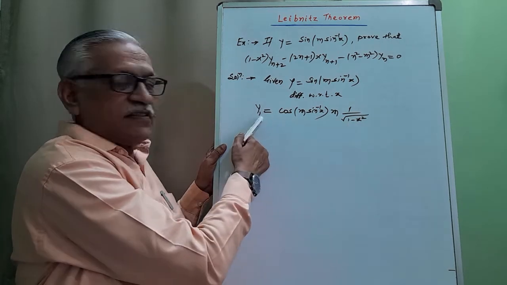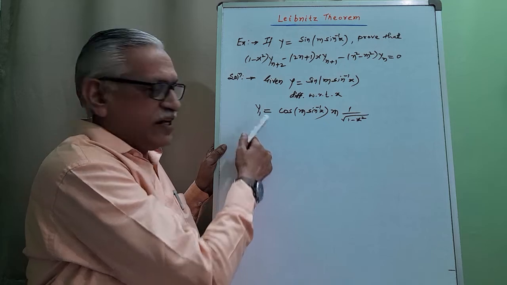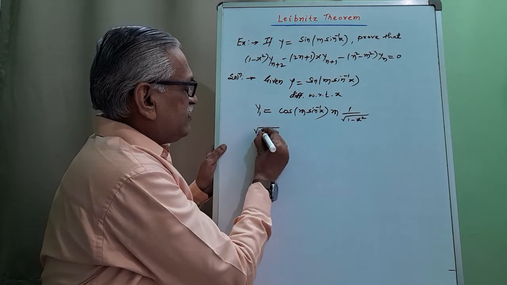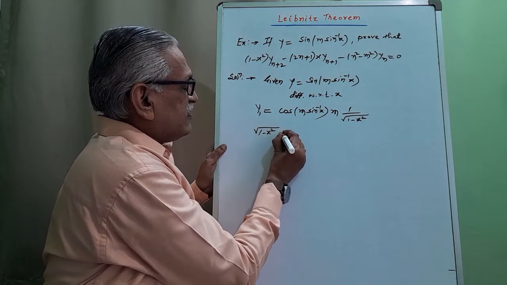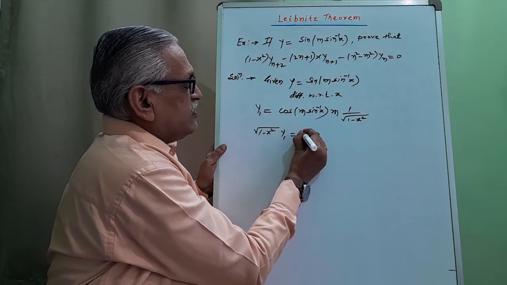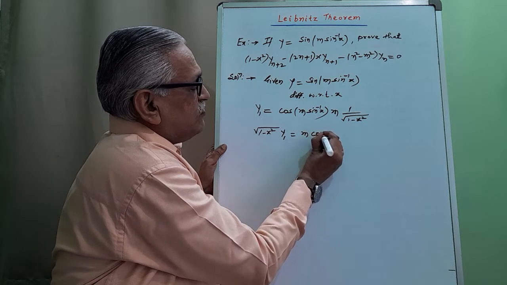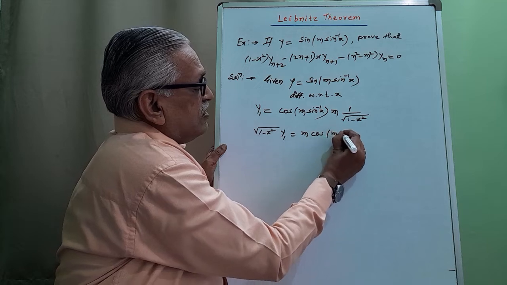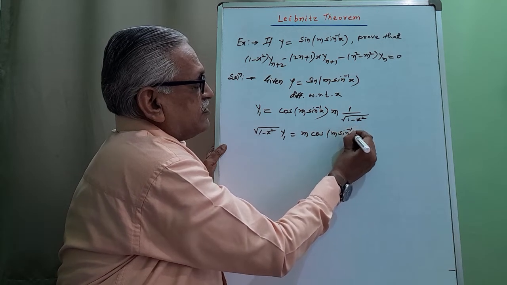Then cross multiplying by this term to the left side, we get root of 1 minus x square into y1 is equal to m cos of m sine inverse of x.